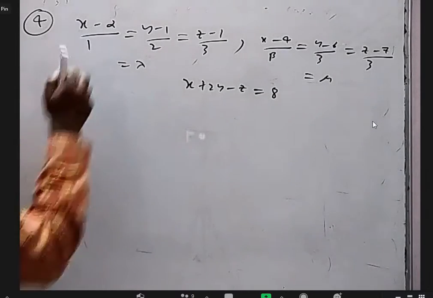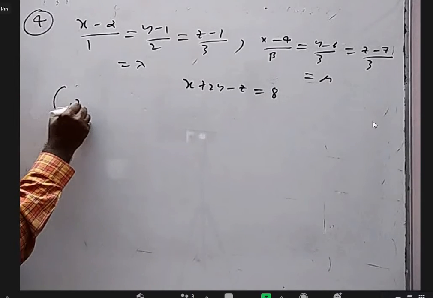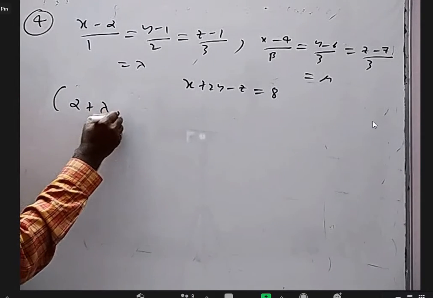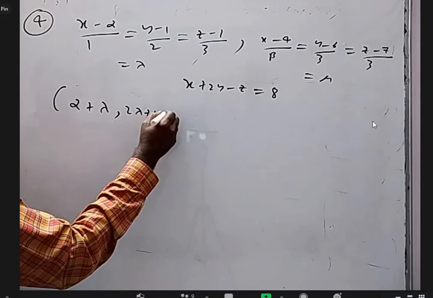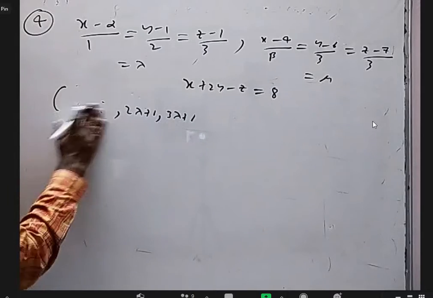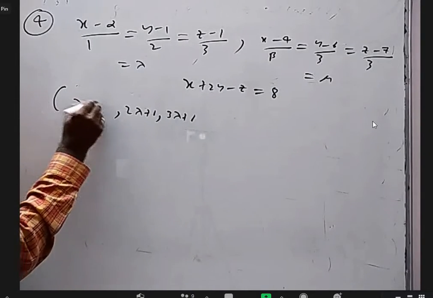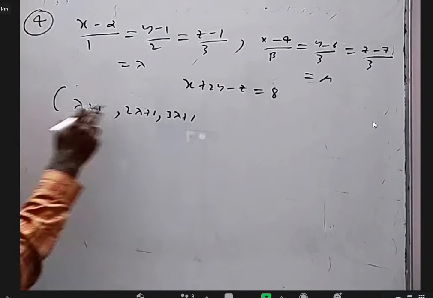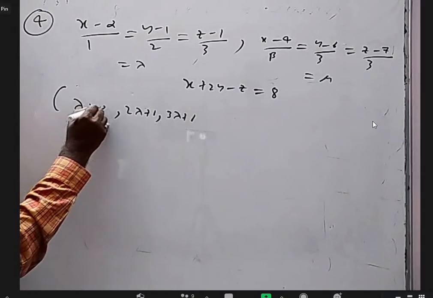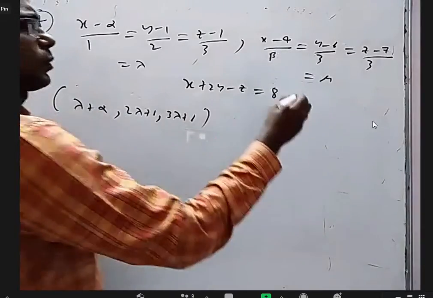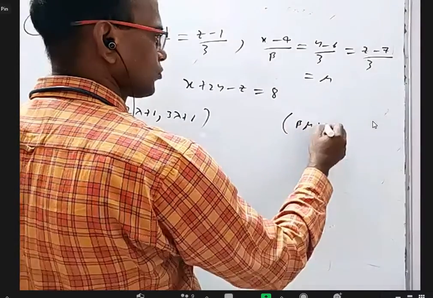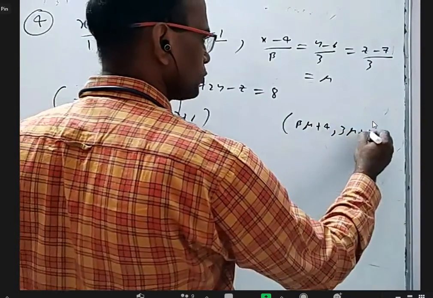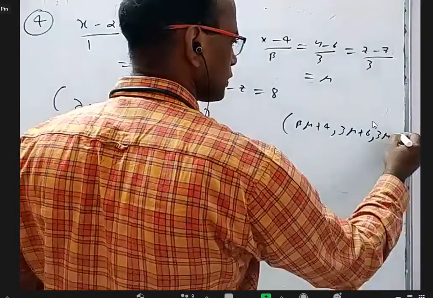If I take lambda, the general point on this is lambda plus alpha, 2 lambda plus 1, 3 lambda plus 1. The general point on this is beta mu plus 4, 3 mu plus 6, 3 mu plus 7.